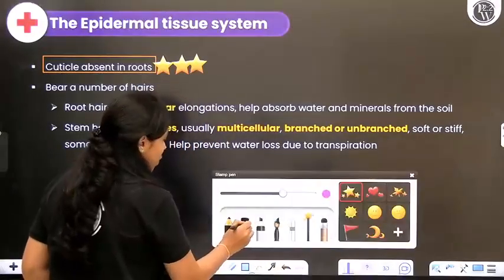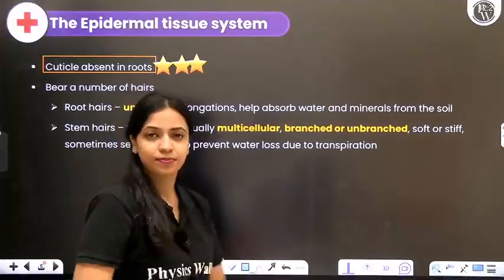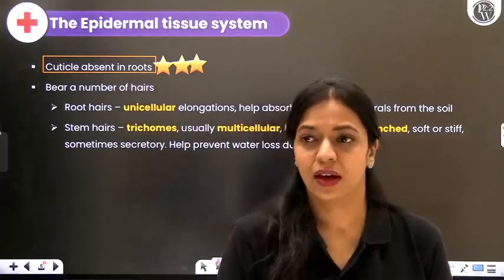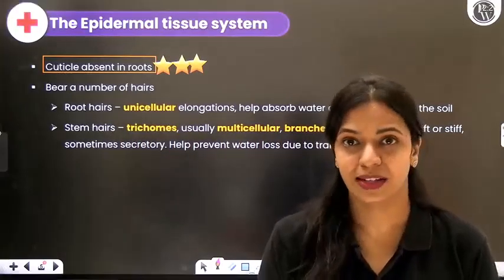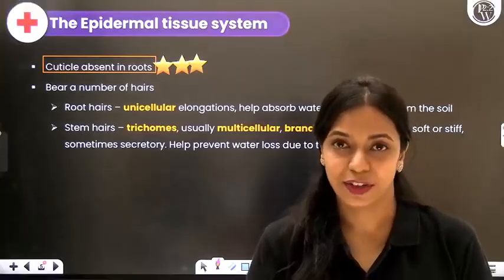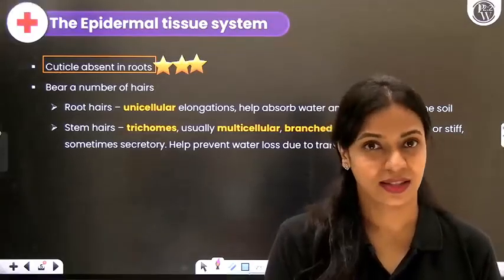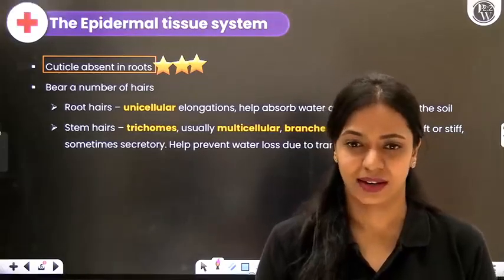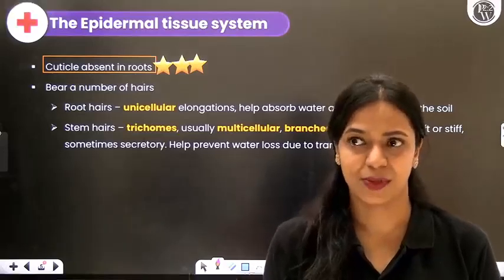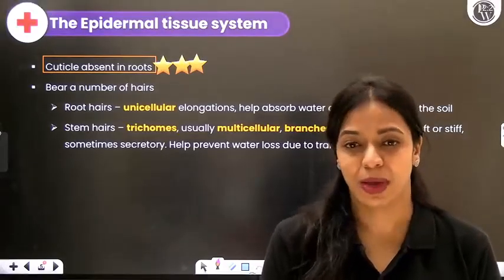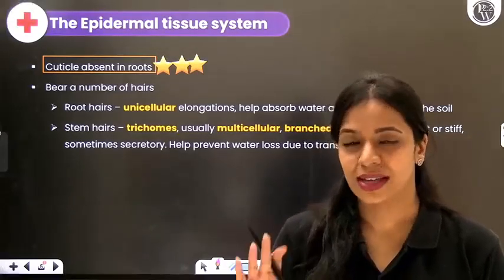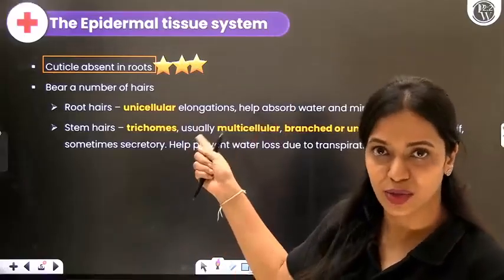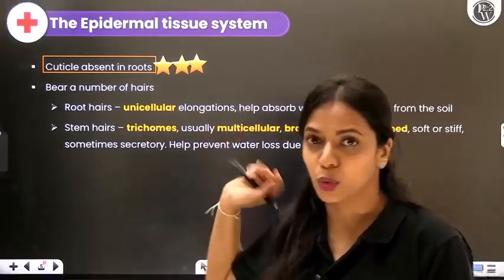Do you remember what we learnt in the last class? Like I told you that vessels are not present in gymnosperms, sieve tube elements and companion cells are not present in gymnosperms. Some things are absent in monocots, some things are absent in primary phloem. Do you remember all of that? Those are important. So in that list, you add this also. Cuticle is not seen in the roots of plants.